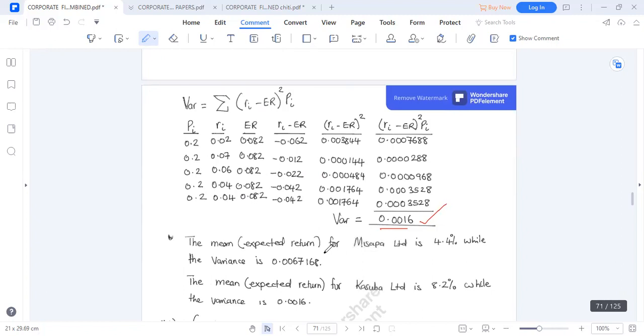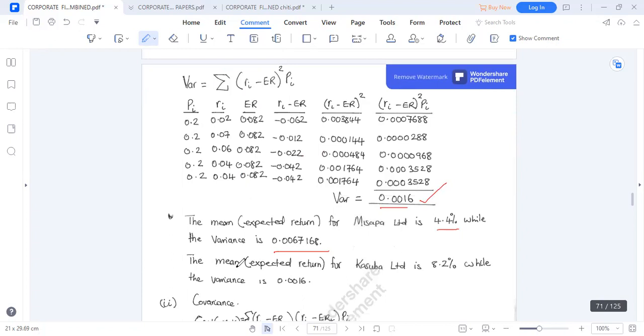So in this case, we found our mean or expected return for Misapa as 4.4%, and the variance at 0.067. And the mean for Kasuba as 0.082, which is the same as 8.2%, and the variance for Kasuba is 0.0016, which we just found here, or 0.16%.